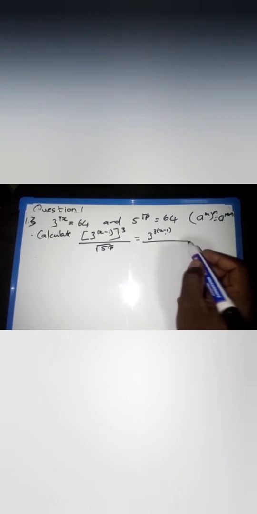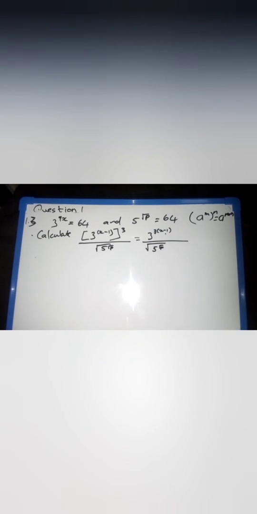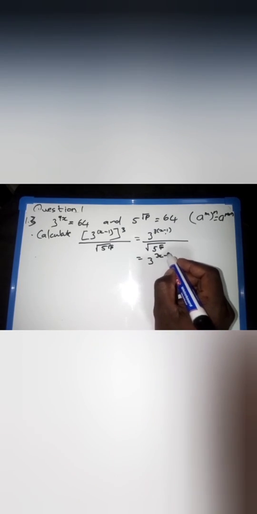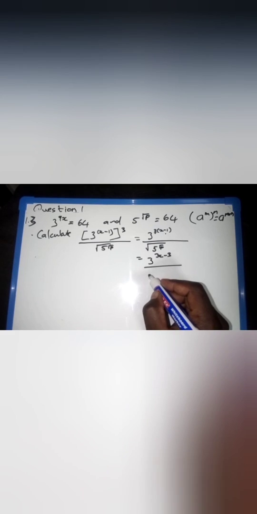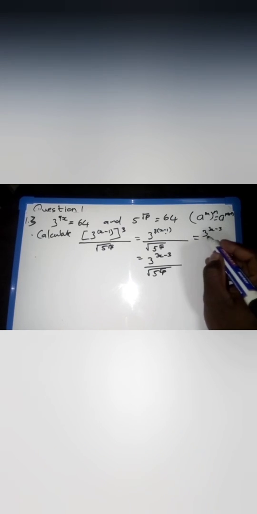So we will have 3^(x minus 1), and we're going to multiply the exponent, divided by square root 5 square root p. Moving on from that, this will give us 3^(3x minus 3), and the denominator stays the same, square root of 5 square root p.